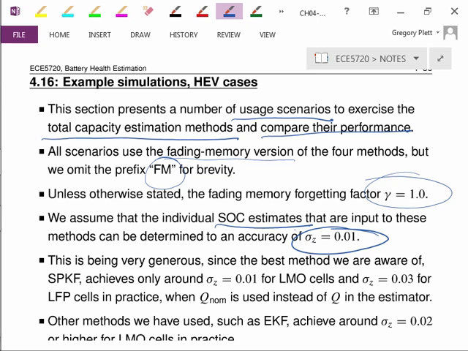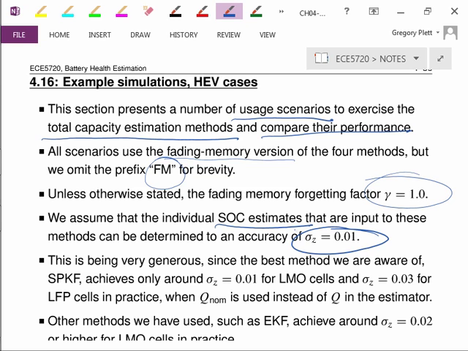This actually, though, is being pretty generous. A 1% estimation error in real life with real sensors and so forth is pretty difficult to achieve. So sigma point Kalman filtering, working in a pretty ideal situation, achieves only about 1% for cells like lithium manganese oxide that have a nice slope to their voltage curve and can be identified with a pretty simple equivalent circuit model.